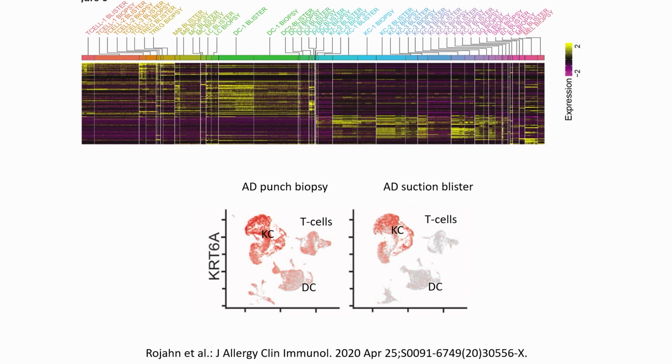But you also get this low-level information here in T cells or dendritic cells, and T cells and dendritic cells should not have wide expression of low-level keratin 6A. And this is mRNA contamination that is much less in the suction blister approaches when compared to biopsies.